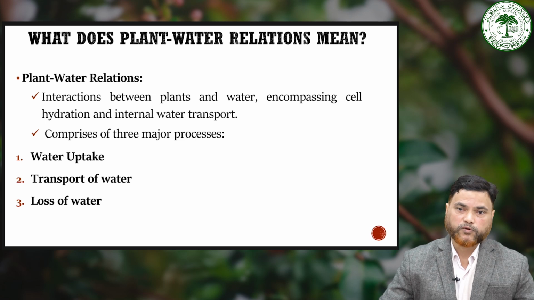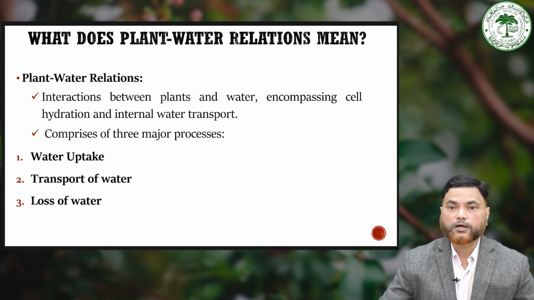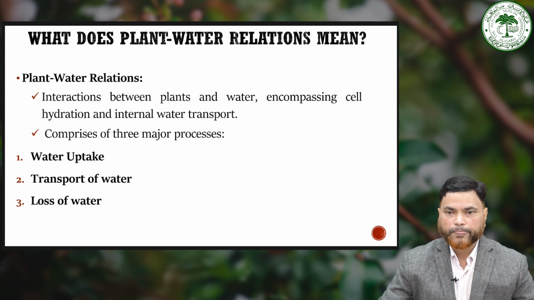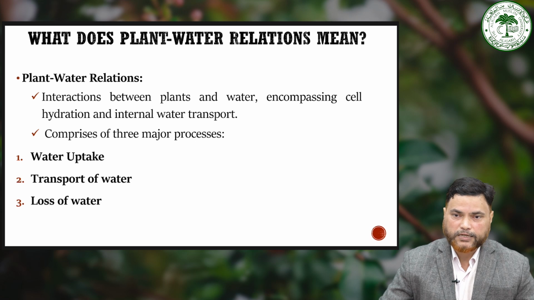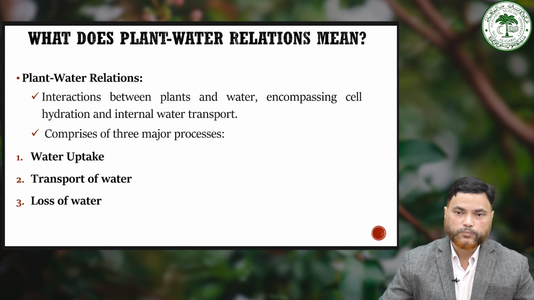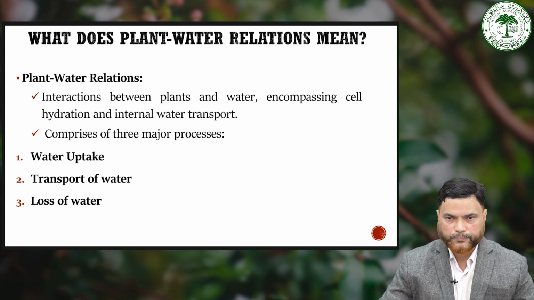Third, how water is lost from the plant surface to the atmosphere. For this purpose, plants use stomata, which are small pores found on the surface of the leaves, and from these pores water is lost. These stomata are crucial in regulating the exchange of water vapor, carbon dioxide and oxygen.